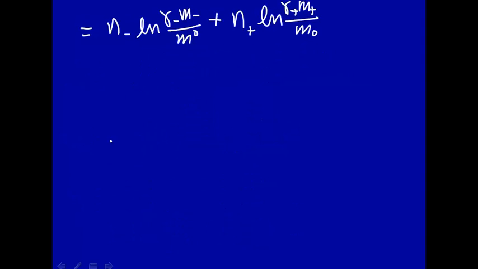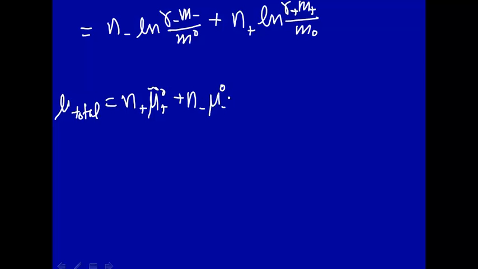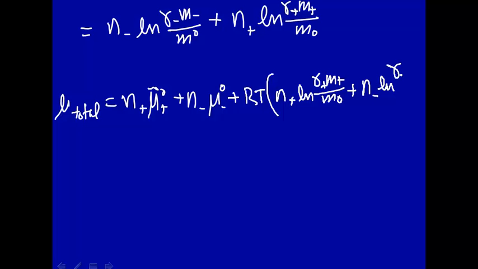So the total mu total was n plus mu plus electrochemical potential standard state plus n minus mu minus standard state plus RT. We had n plus natural log of gamma plus m plus over m0 plus n minus natural log of gamma minus m minus over m0.